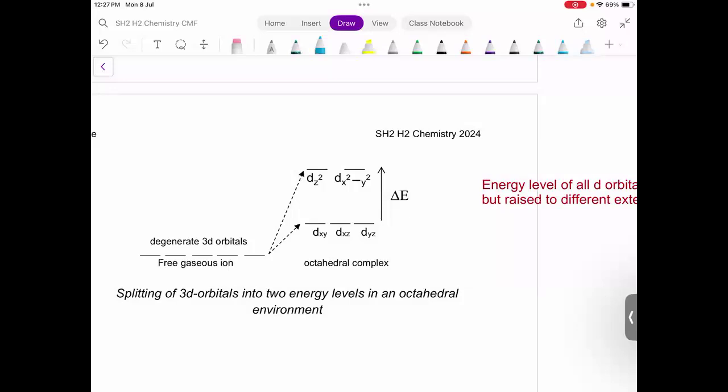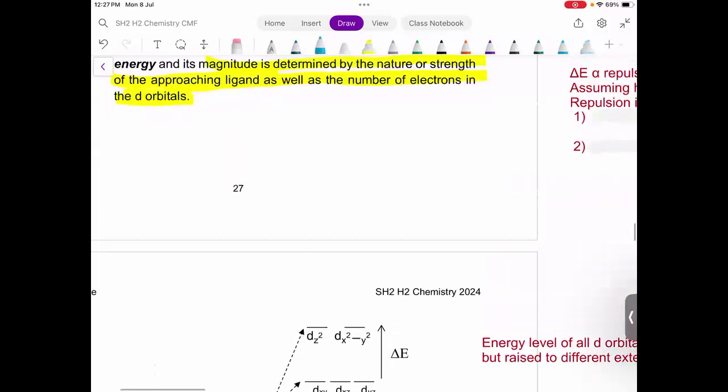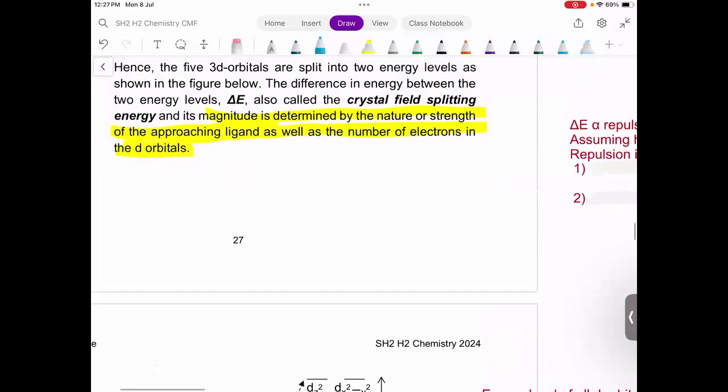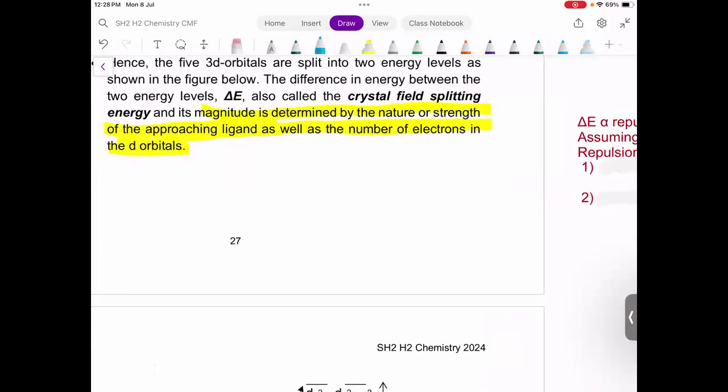This energy gap is known as delta E, or the crystal field splitting energy, as given above. Please take note, this delta E magnitude is affected by the nature or strength of the approaching ligand, as well as the number of electrons in the d orbitals. The two sets exist because one is head-on interaction while the other is side-on.